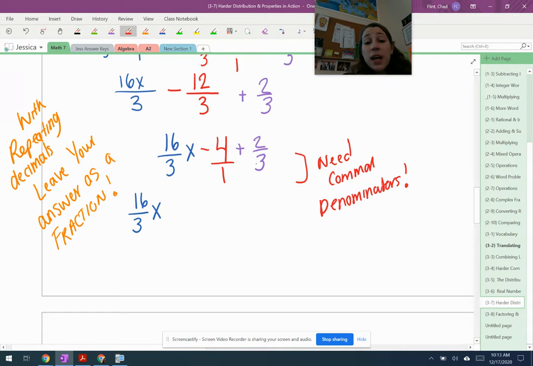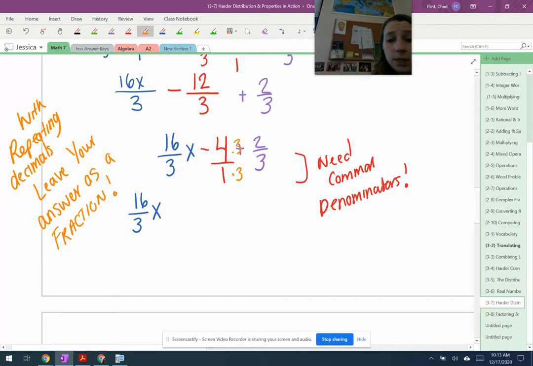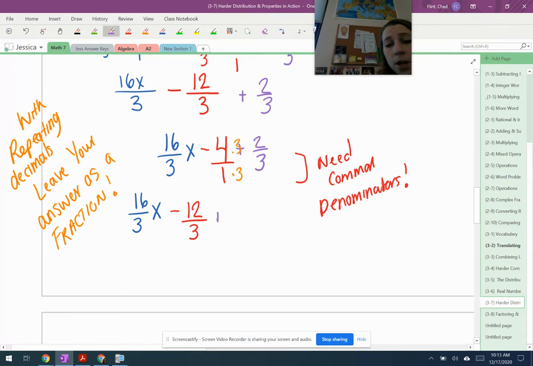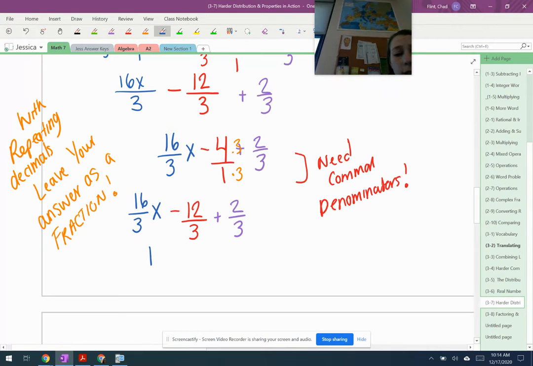So I want common denominators of 3, which would require me to take both of those pieces and multiply them by 3. So negative 12 over 3 plus 2/3 gives me 16/3 x. Again, just carrying down.